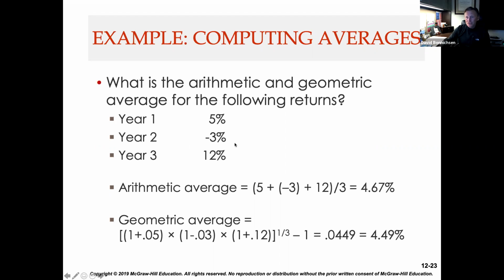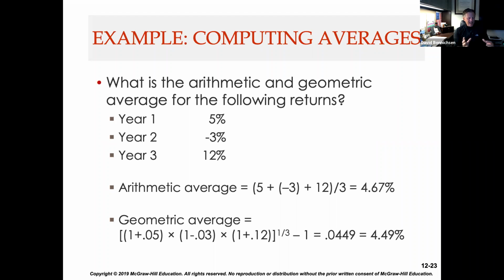And then in the second year, we actually had a negative return. So it's no longer 1, it's 0.97. So 1.05 times 0.97, and then it's 12% more than what we did in year 2.